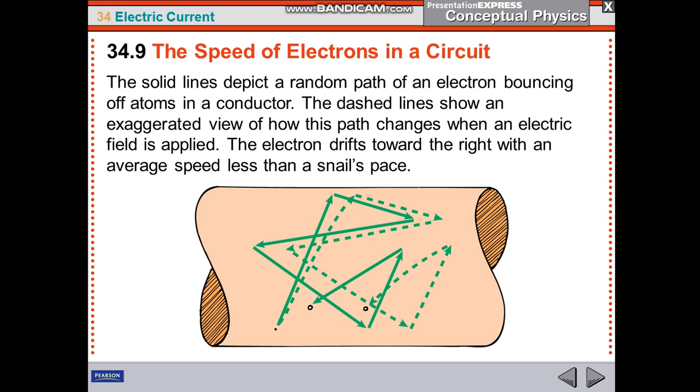So the movement is actually very low. If you compare the speed of an electron and a snail, the snail can actually move faster than the electron. The sense here is that the drift speed toward the right is always very low.